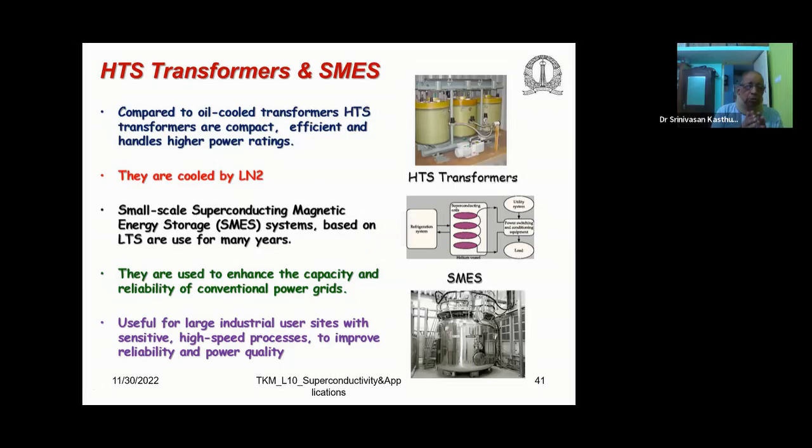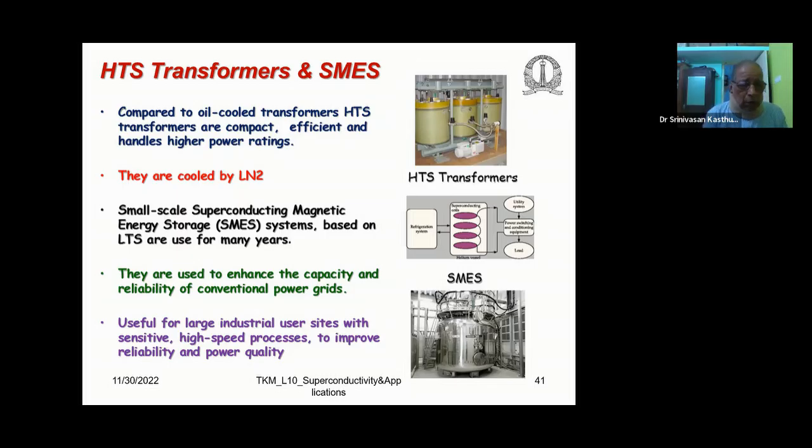Conventional transformers using copper as a conductor always lose a certain amount of energy because it has some resistance. If we use high temperature superconducting material for the transformers, they are very compact, efficient, and also handle high power ratings in the system.